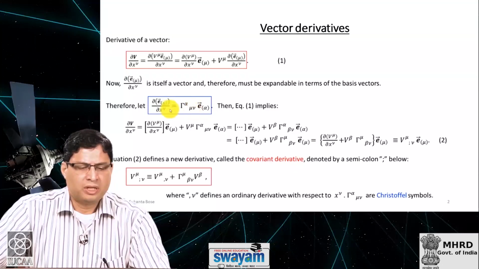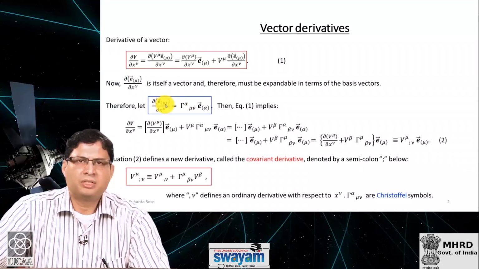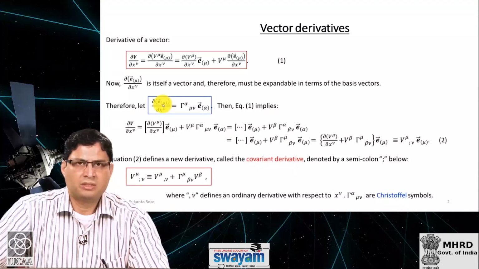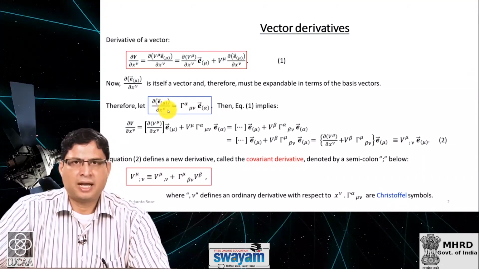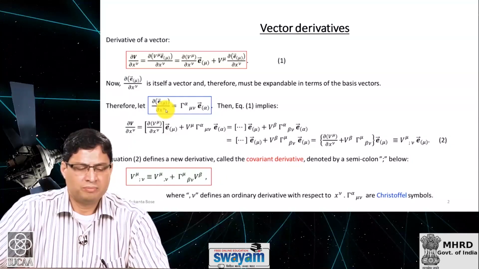To wit, if you want to take the derivative of, let's say, E0, where 0 is the time basis vector, so the basis vector along the time coordinate, with respect to the x axis, so that would be nu of 1, because that is the x coordinate.